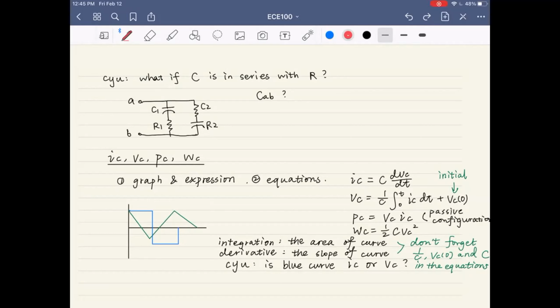Just give a quick guess. No. So the answer is no. We cannot do that because it is not a clean parallel capacitance.